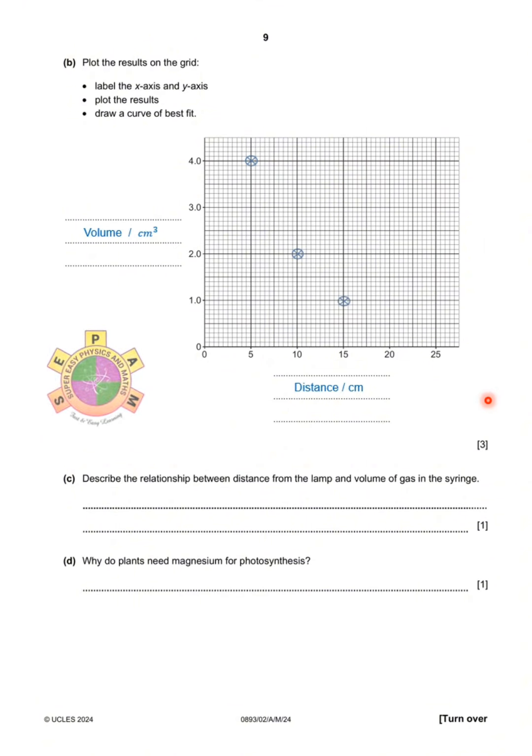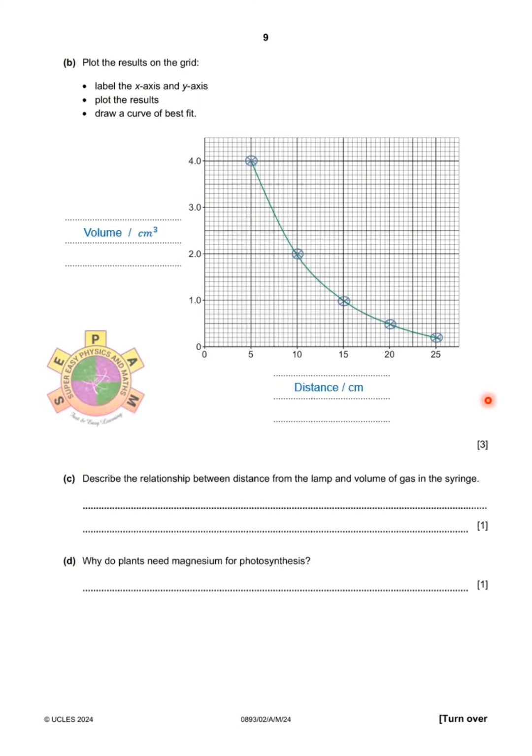At 15, 1 cm cube. Then at 20, 0.5 cm cube. And then finally, when it was moved to 25 cm. After plotting that, you draw the line. You see it's a curve, so you trace that.